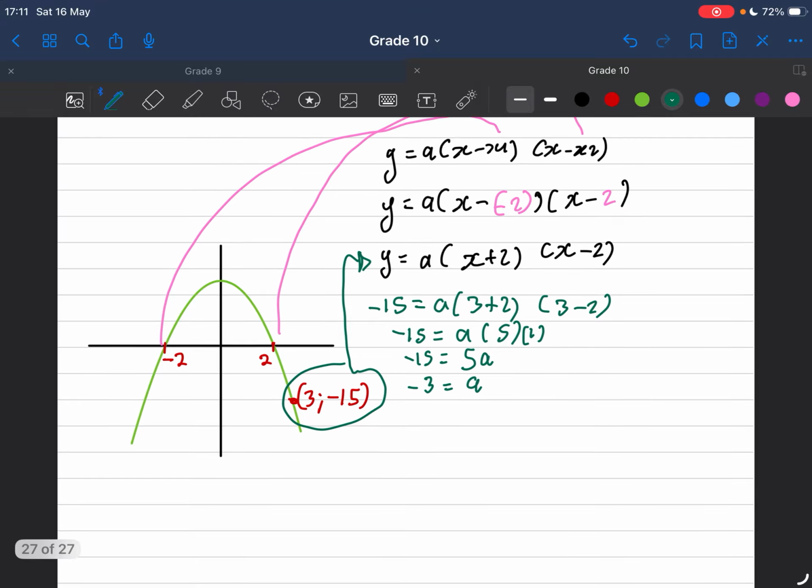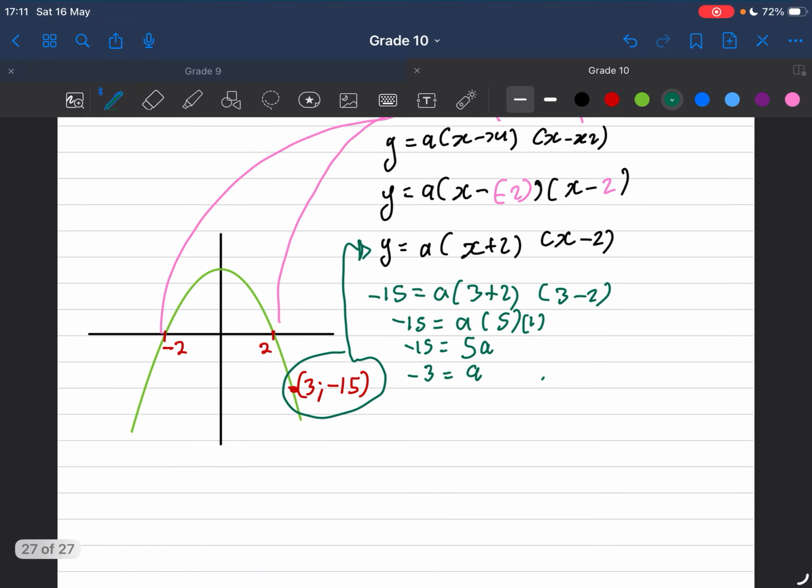We can then go ahead and take this value for a back to where we substituted the coordinates in. So that last coordinate we substituted, and then you're going to take that y is equal to a into x plus 2, x minus 2.